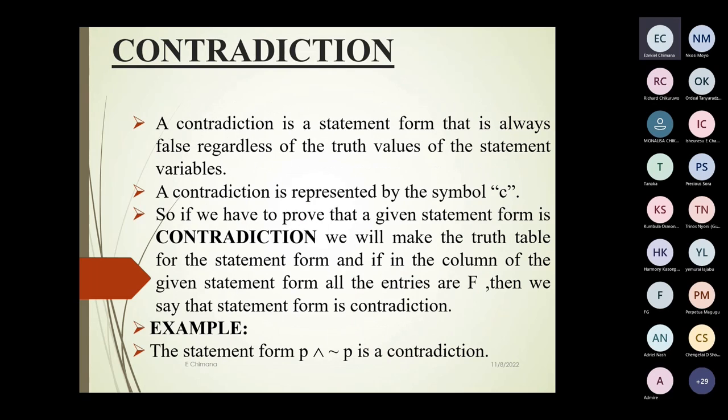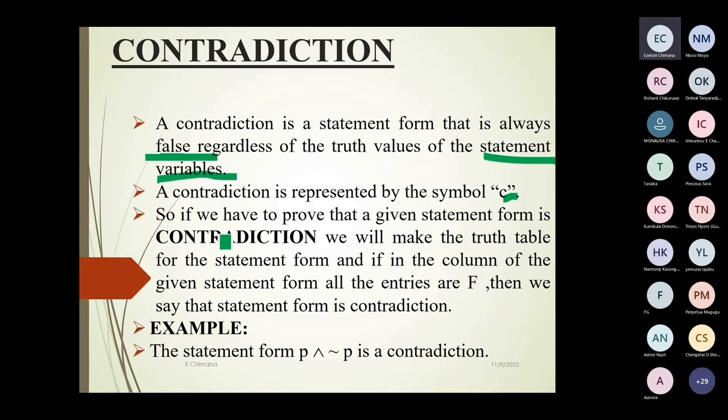Then there's what we call a contradiction. A contradiction is a statement form that is always false, regardless of the truth values of the statement variables. So the output will always be false. A contradiction is represented by the symbol.